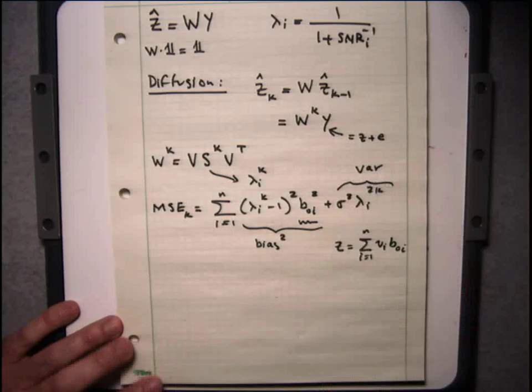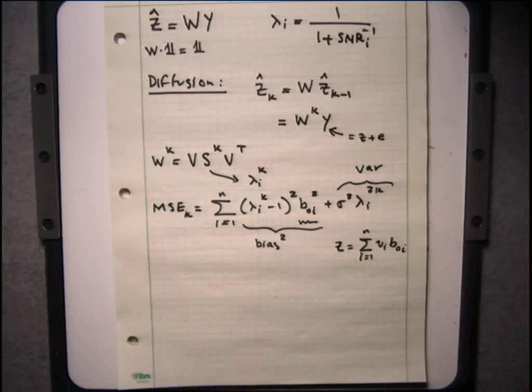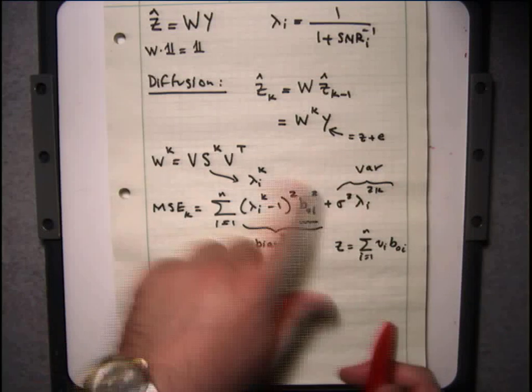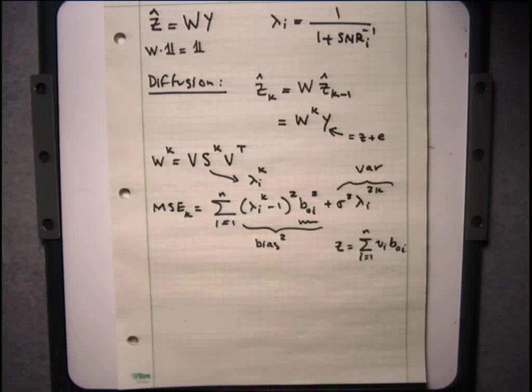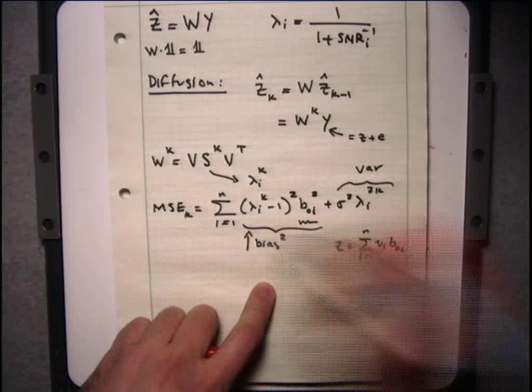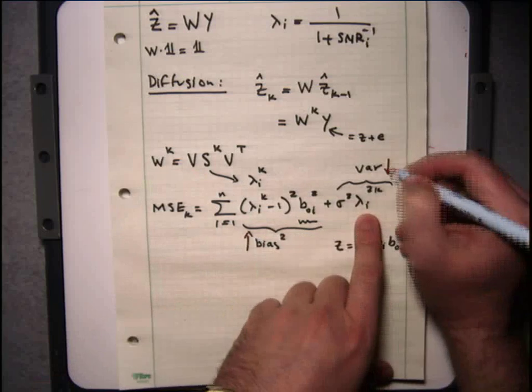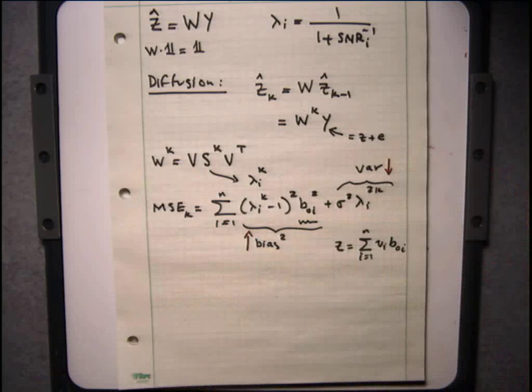Now if you look at this, what you'll notice is that because the eigenvalues lambda_i are all between 0 and 1, as you increase the power k, this term here actually increases. Okay? So the bias goes up with iteration, and the variance goes down with iteration. Again, because the lambda_i's are less than 1.